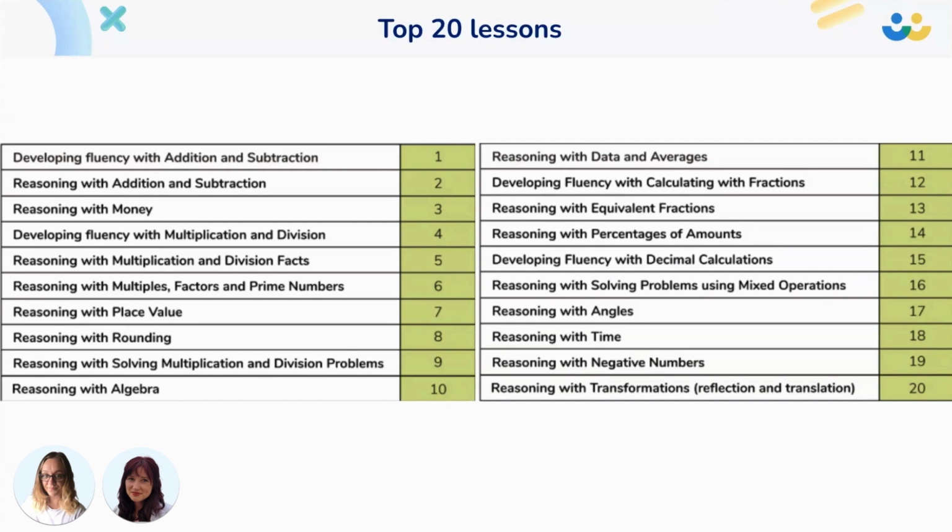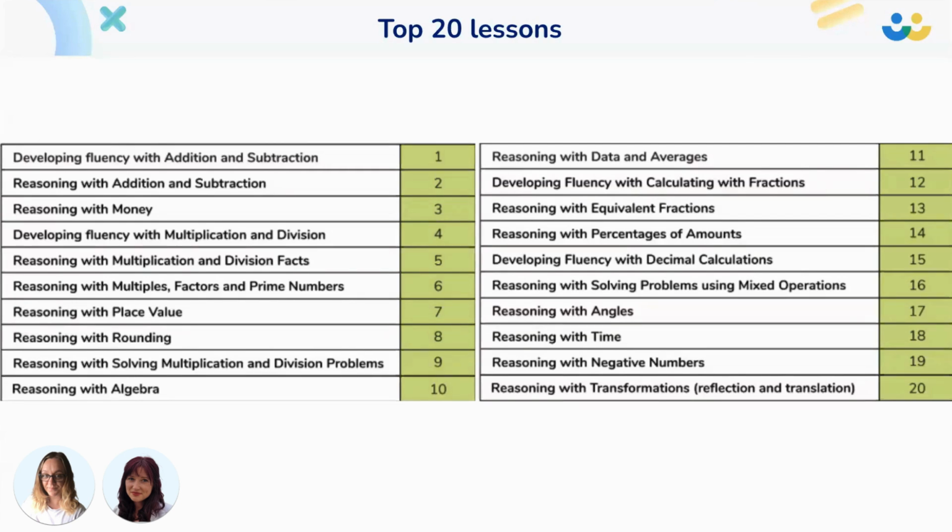So they might be able to default to written methods for every single question, but they don't have other effective strategies. So what you'll see in our order there is we always put the fluency area just before the reasoning lessons that are attached to it or depend on it, basically.